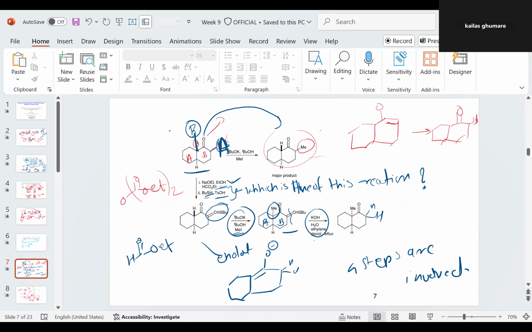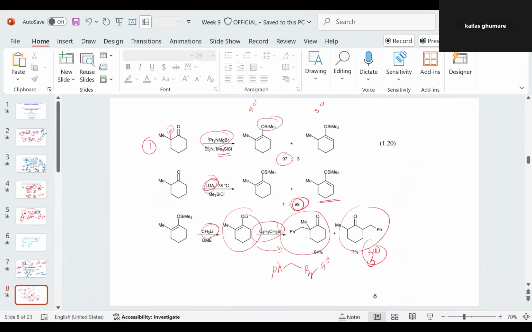Further, we have seen some examples which involve chiral bond formation, and these are examples of regioselective control products. By adding this condition, we can get the thermodynamically controlled product, which is in 97%. But if you just change the base, then we get the kinetically controlled product, which is in 99%.